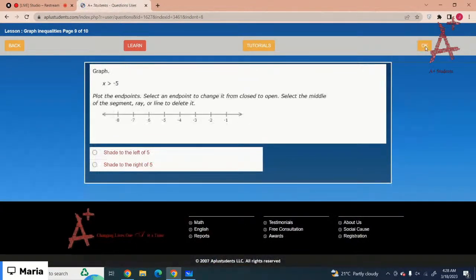Okay, the next one is x is greater than negative 5. X is greater than negative 5.